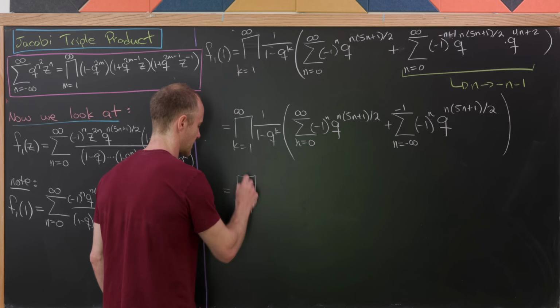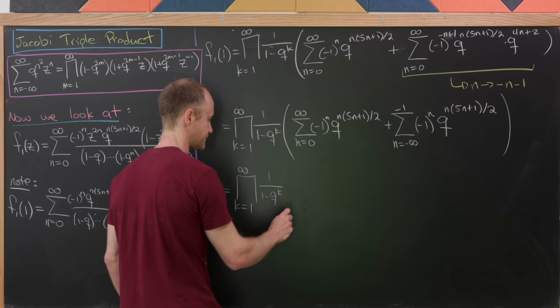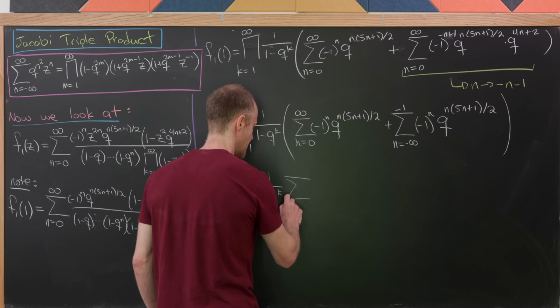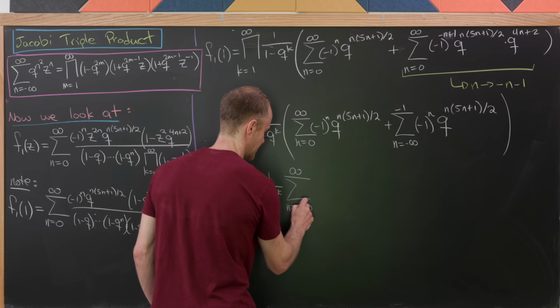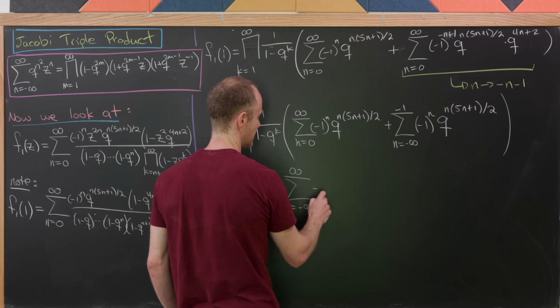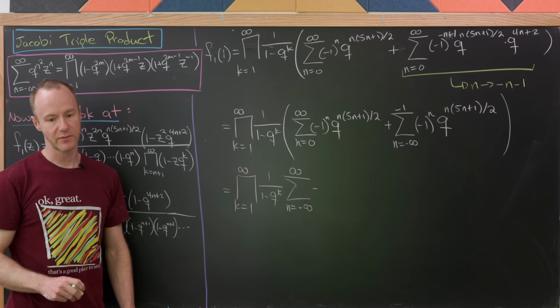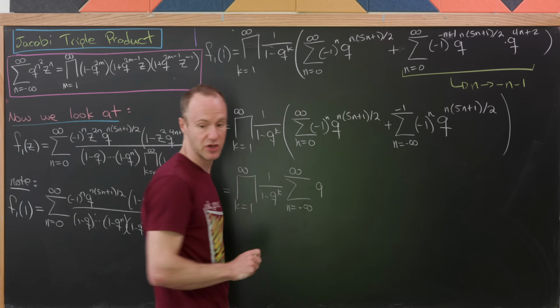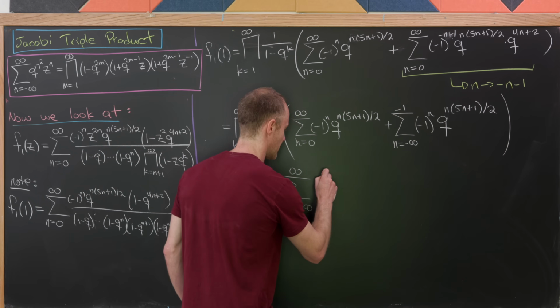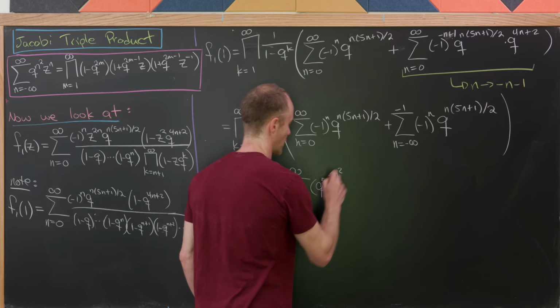So we've got this product, k goes from 1 to infinity, 1 over 1 minus q to the k. And then our sum, as n goes from minus infinity up to infinity of, now I'm going to write this in a crazy way. I'm going to write this as a q to the power 5 halves, all raised to the power n squared.